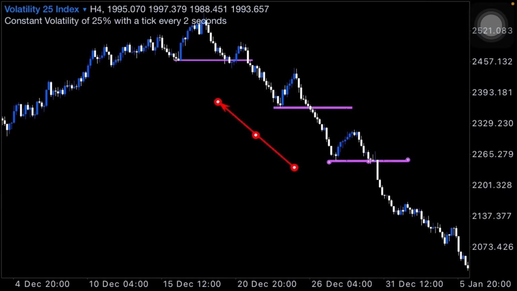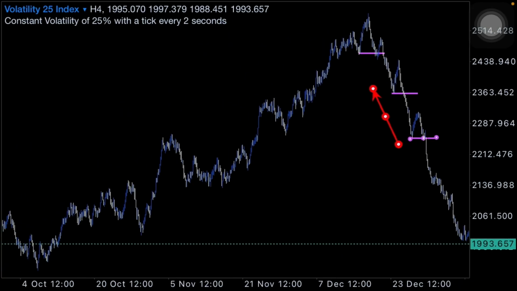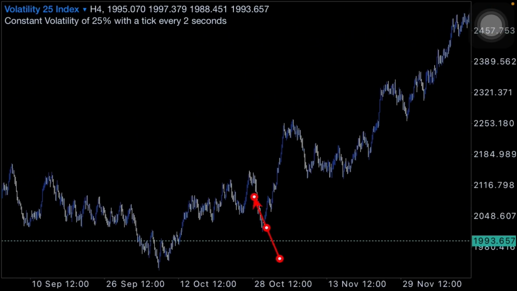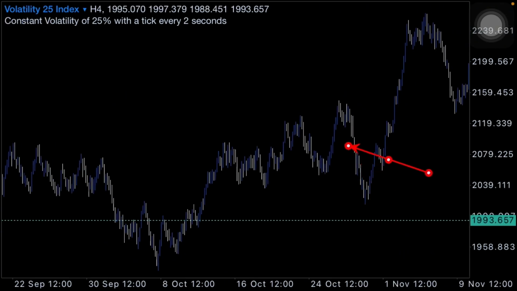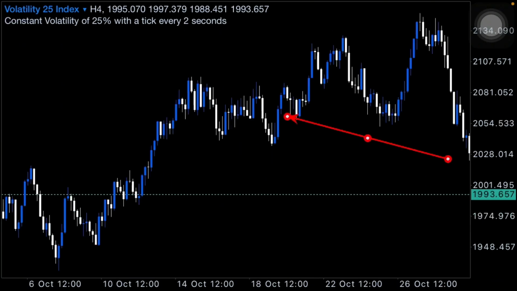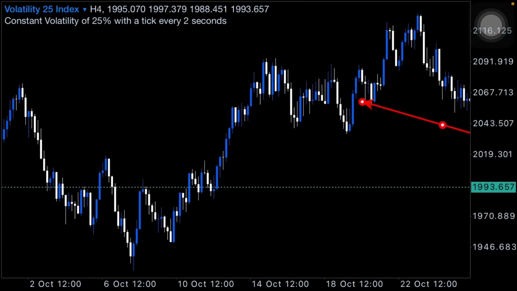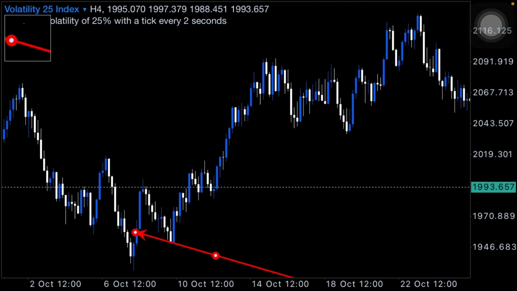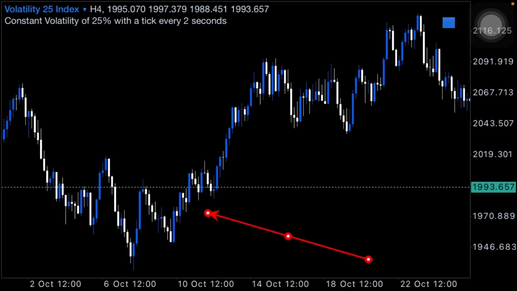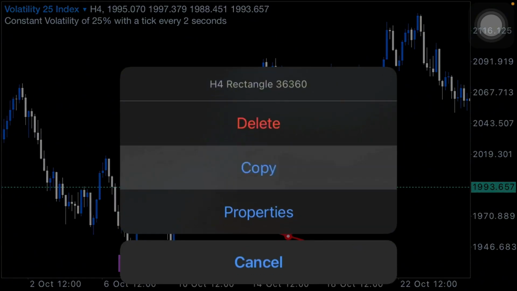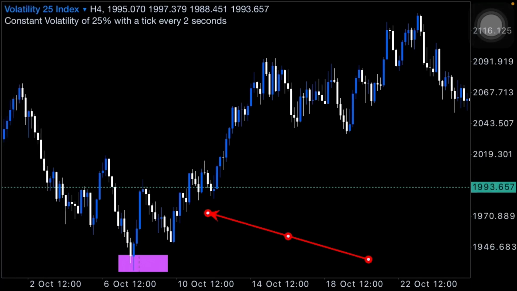As simple as that. Okay, so on to our next point, which is impulsive and corrective moves. Before we come to that, let me take you through how a break of structure looks in a bullish trend. We have already shown that this is a bullish trend.